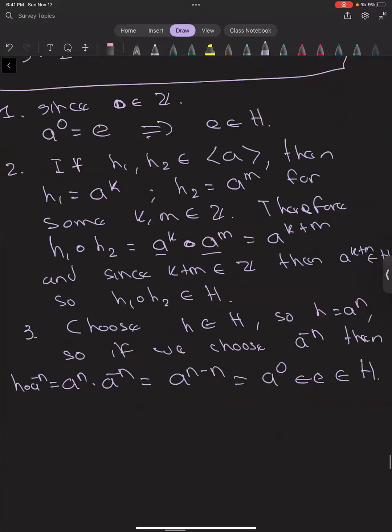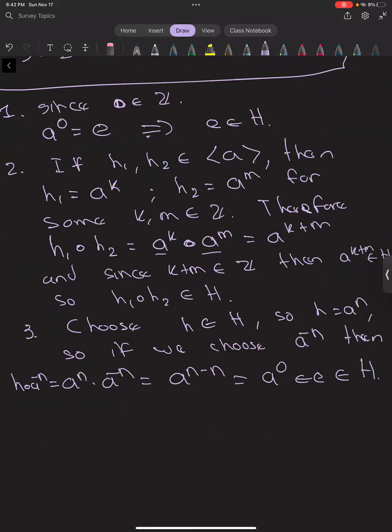I need to show the other way too: a^(-n) composed with a^n is a to the 0, and this is e.